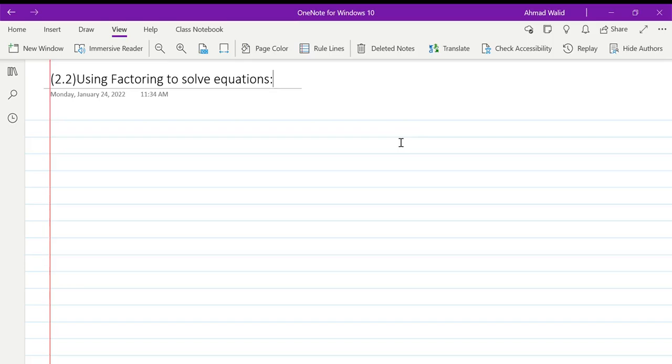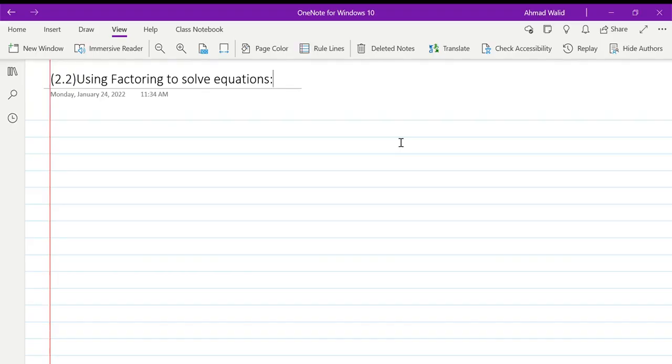Hello all, let's start part 2 of section 2.2. Part 2 of section 2.2 is using factoring to solve some equations. Remember in my first lecture I helped you with at least 3 or 4 types of factoring. That's very useful in your book.